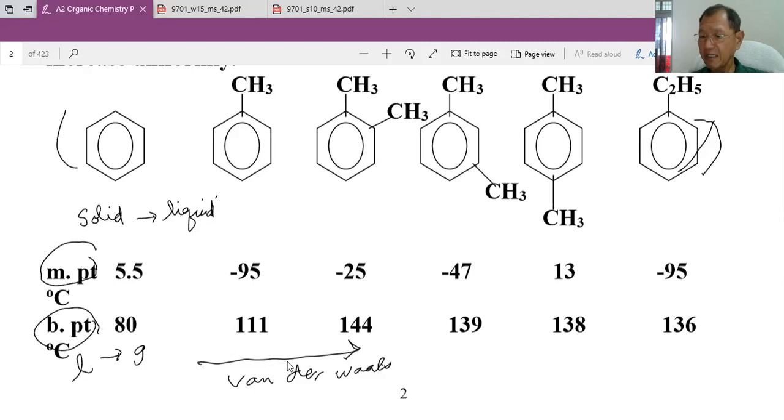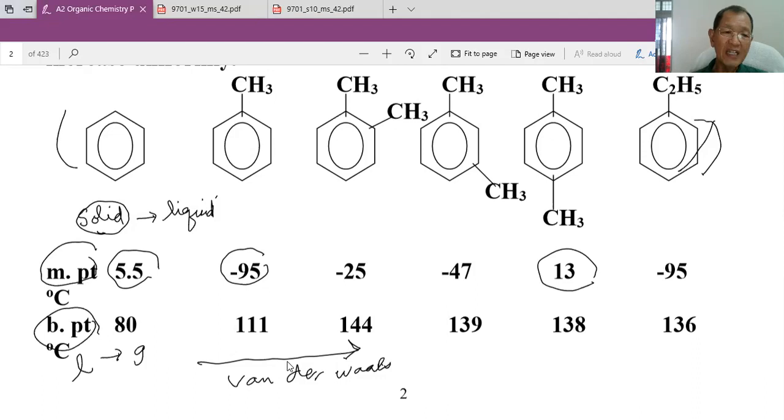But now the important thing, of course, is the melting point. You can see that the melting point also talks about van der Waals forces, but how come this one is so low? These two are higher, you know. 5.5 and 36 is higher. See, melting point talks about how you destroy the whole structure.